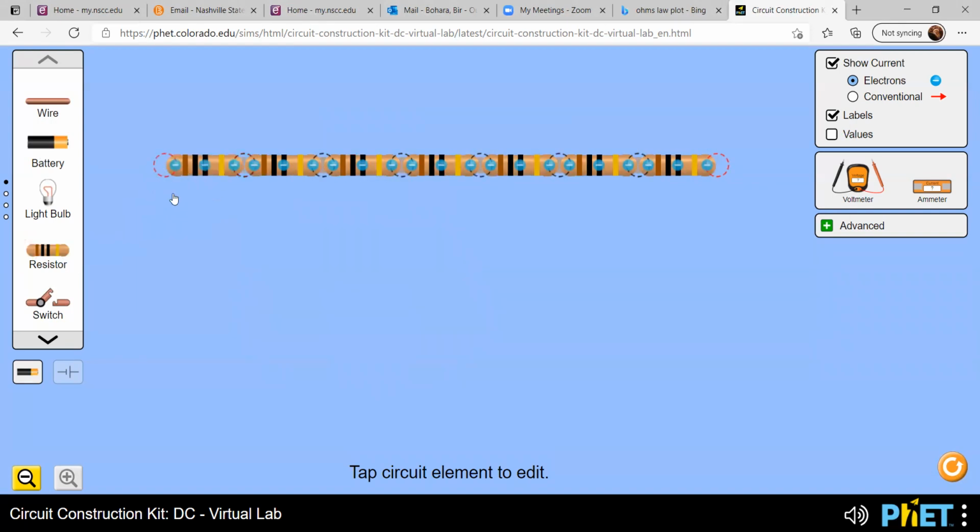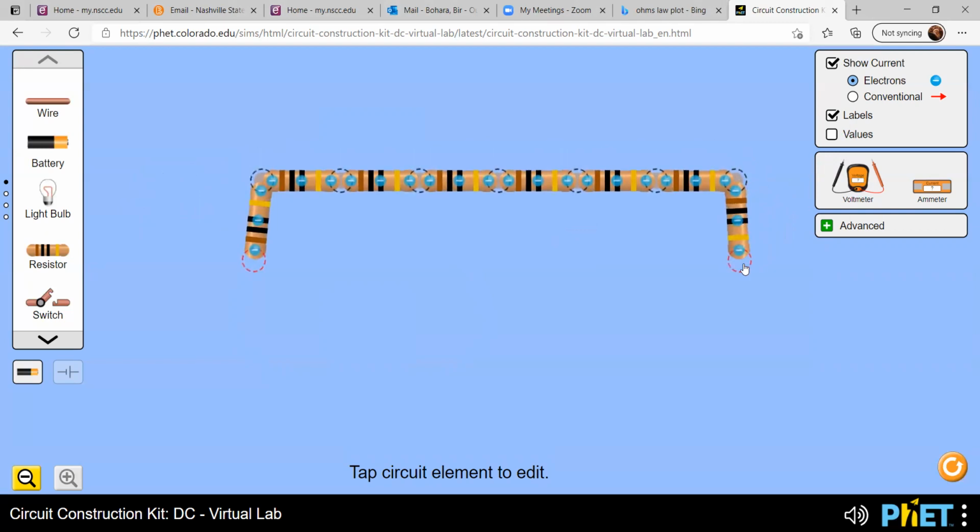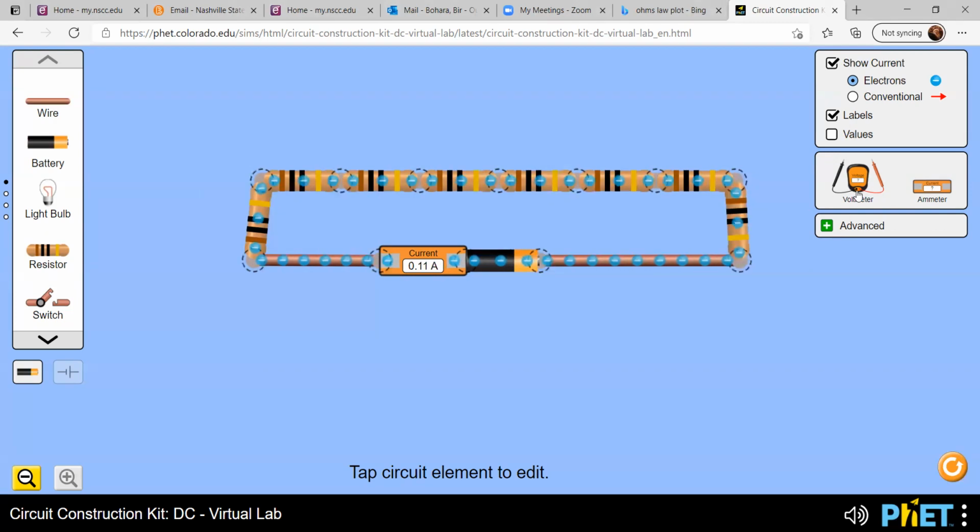And then 7. And right here, 8. Okay. So I need to put I need one battery here, and then connect wires like this, right?